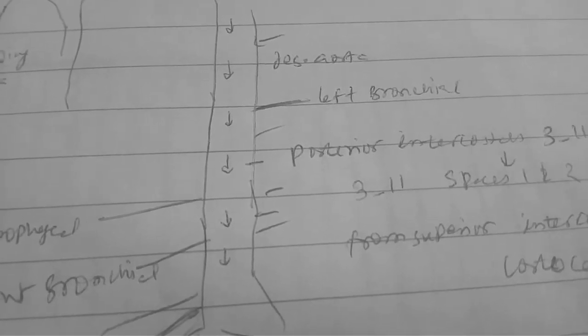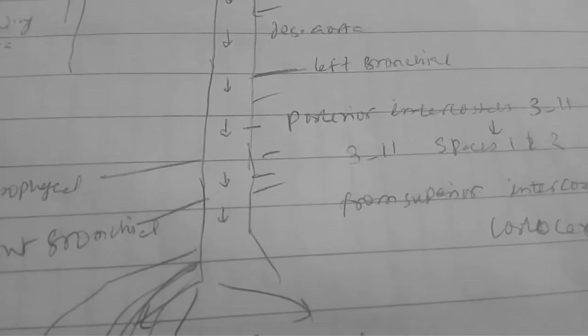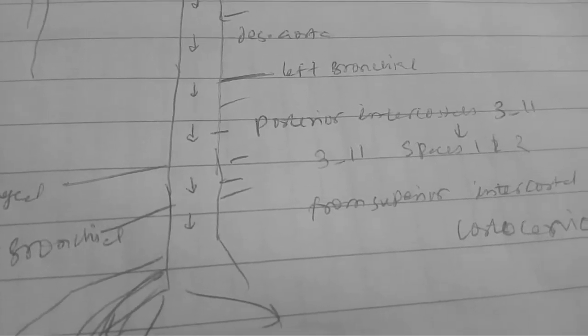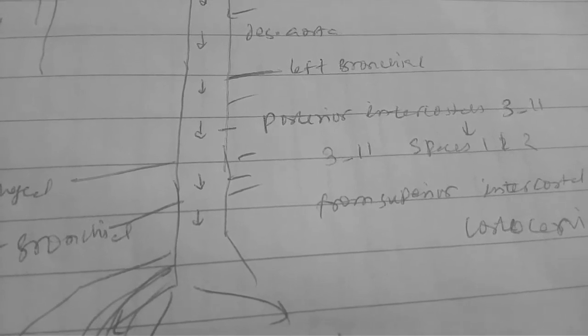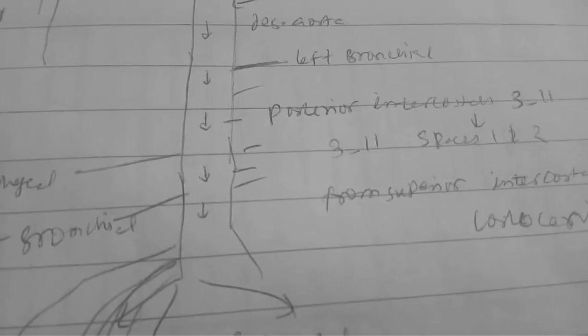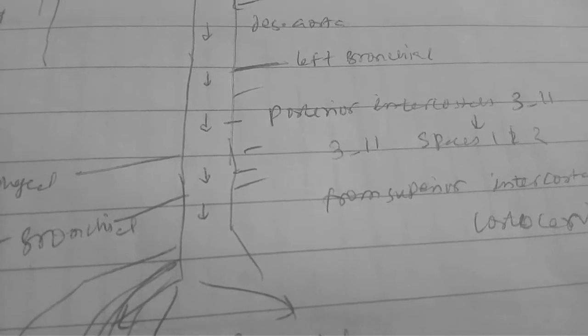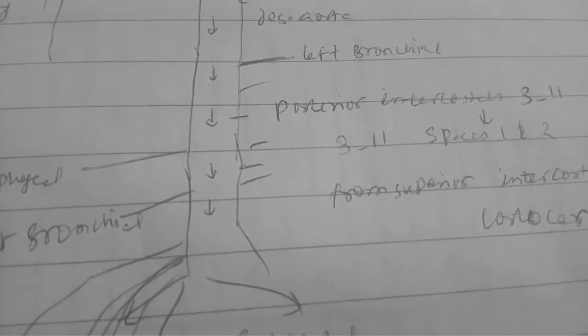That's why we have bronchial arteries. Now we have seen the anterior intercostal arteries are branches of the internal thoracic arteries, but the posterior intercostal arteries are branches of the thoracic aorta.